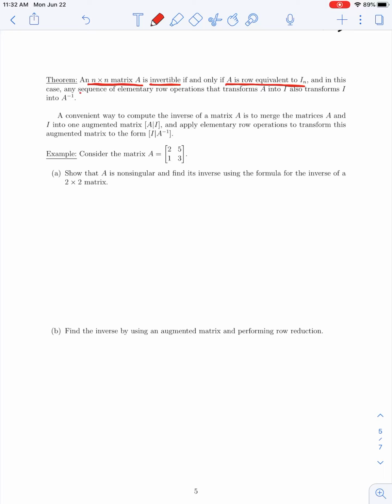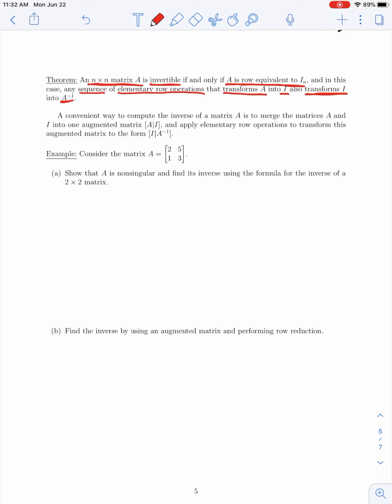And in this case, any sequence of elementary row operations which would transform the matrix A into the identity matrix would also transform the identity matrix into A inverse.